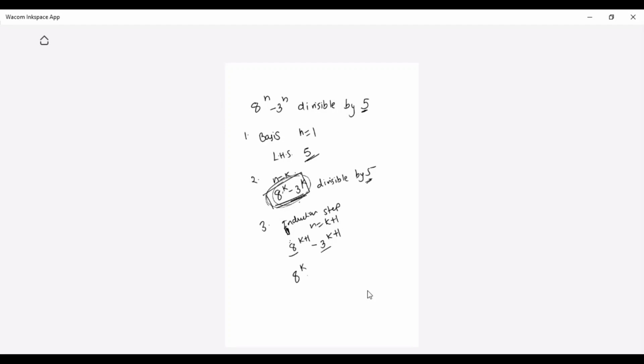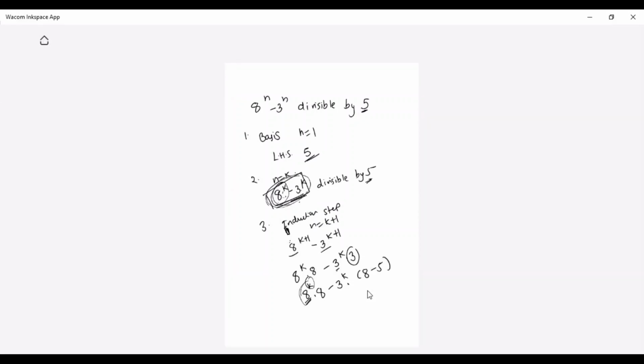So 8 raised to K into 8 minus 3 raised to K into 3 I'm having, right? So I will not touch this 8 raised to K, because 8 raised to K I'm having. I'm going to get 3 raised to K. Even 3 raised to K also I'm having. So I will not touch this 3 raised to K also, because these two terms I'm having in my hand, right? So I can arrange this 3 as 8 minus 5 simply.